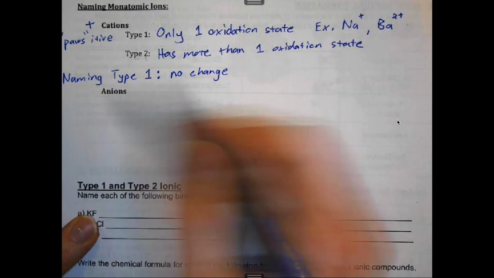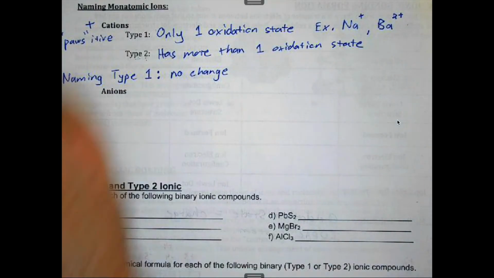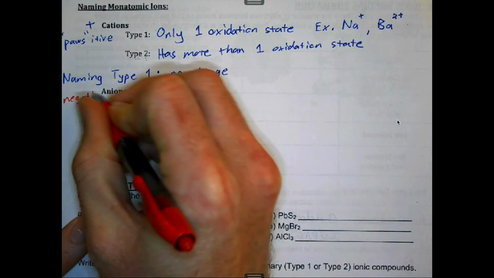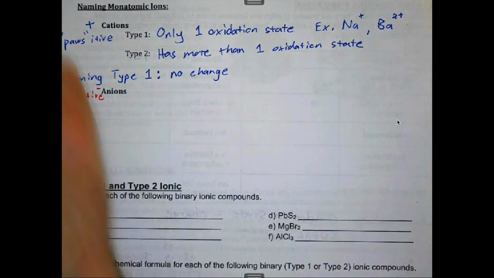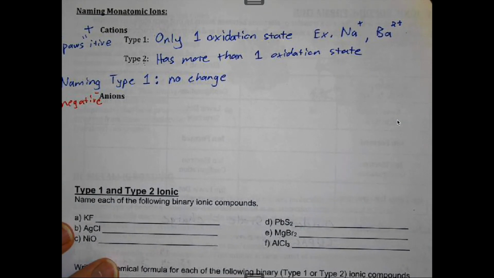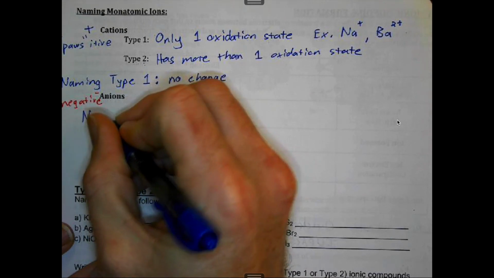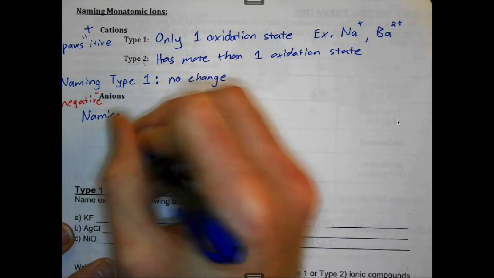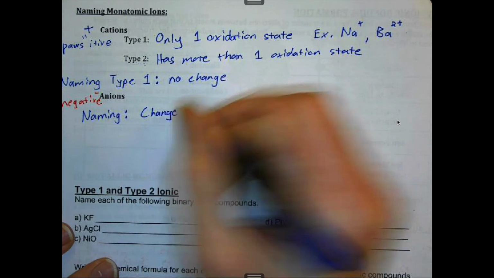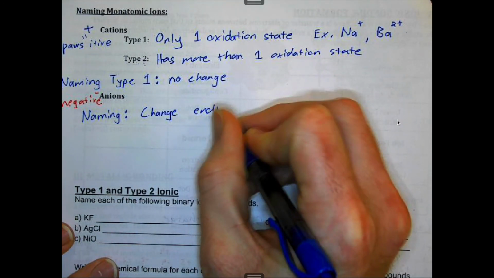Now for the anions, these are the negatively charged. They're the negative ones. And they have a little bit different naming. So the naming is, we're going to change the ending to "ide."